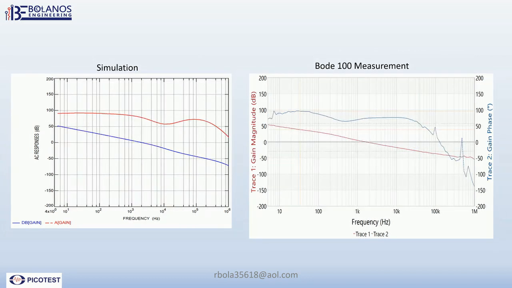And then we have the simulation of the loop response, which, if you notice right here, is crossing at about 2 kilohertz, and it's about 75 degrees phase margin. Here it's close to 2 kilohertz, again about 75 degrees. And here you have a gain margin of about 40 dB.